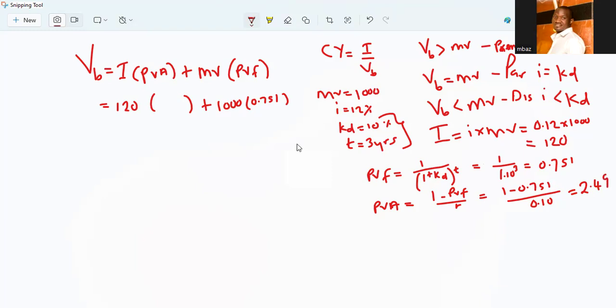So when you compute that, you put it here, 2.49.